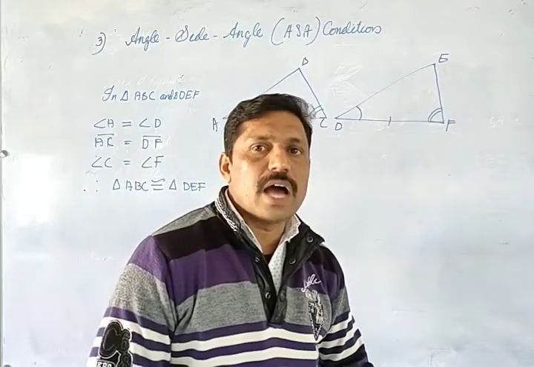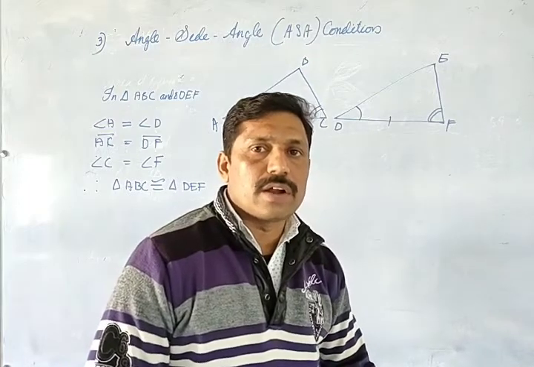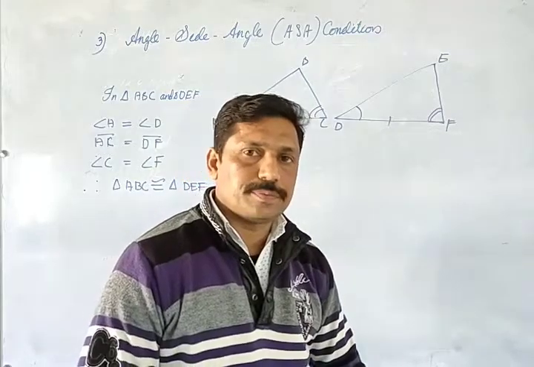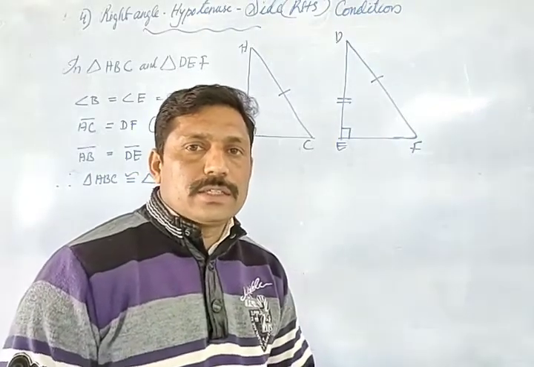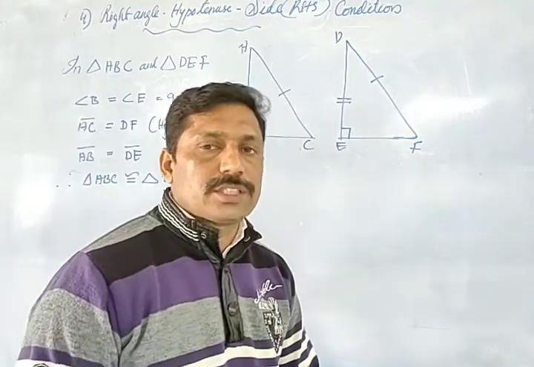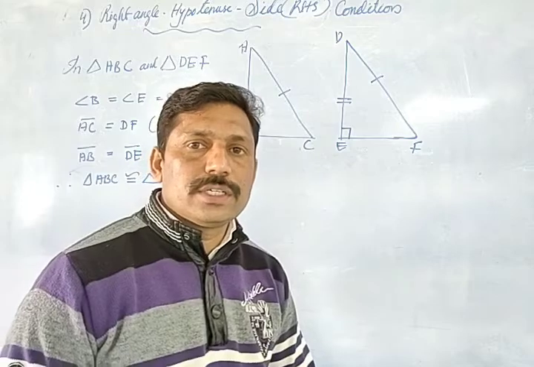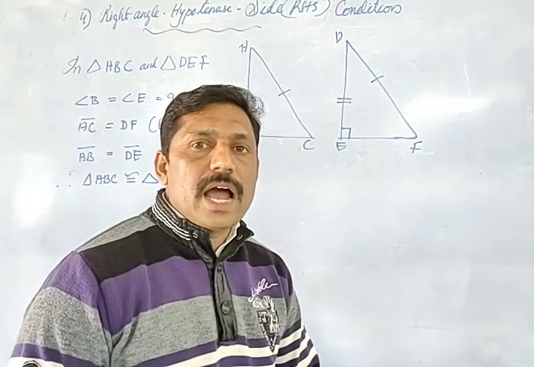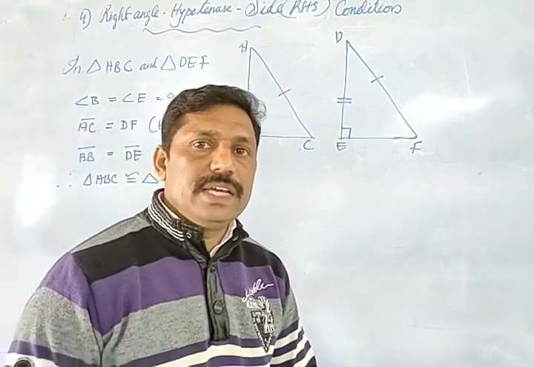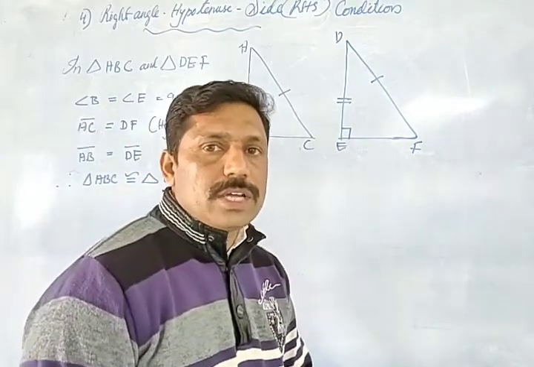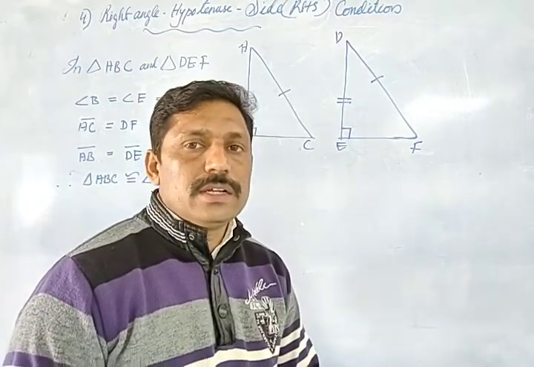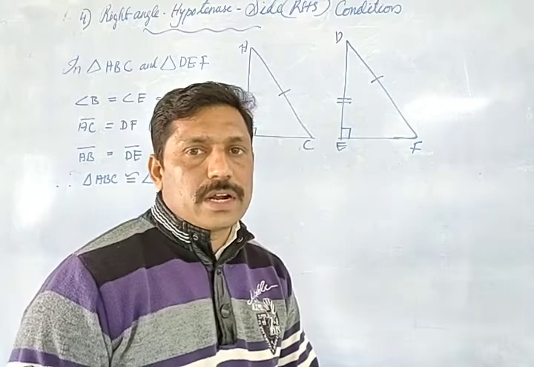Now see what the RHS condition, or right angle hypotenuse side condition, is. Students, the next condition is the RHS condition. According to this condition, if one side and the hypotenuse of one right angle triangle are respectively equal to one side and the hypotenuse of another right angle triangle, then we say that these two triangles are congruent.